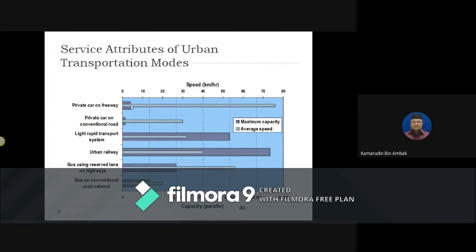That's why they provide a speed limit, to give safe compliance or recommended travel speed. Compared to others, they have very low speed operation, but of course they have different capacity if they have their own road network system or their own track, especially for rail-based systems.